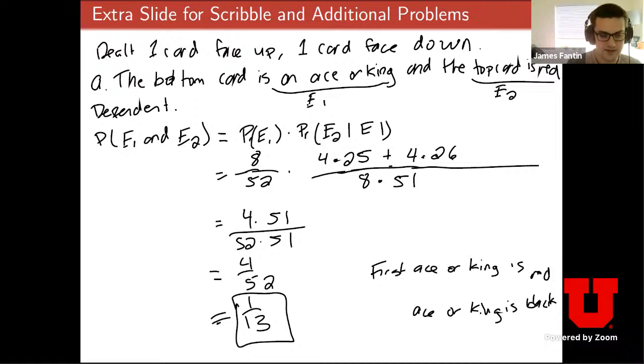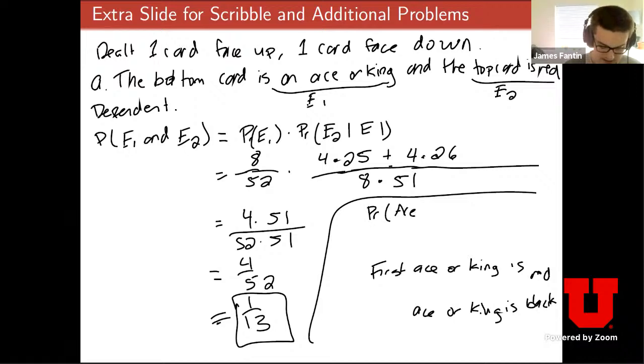Somebody asked: if I used the independent formula, but explained why it worked in this case, even though they're dependent, would that be okay? I guess, but not really in this case. You would have to explain that the only reason this happens is because the probability that the ace or king is red is the same as the probability that the ace or king is not red.